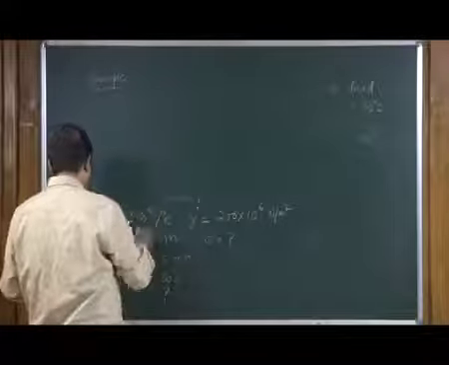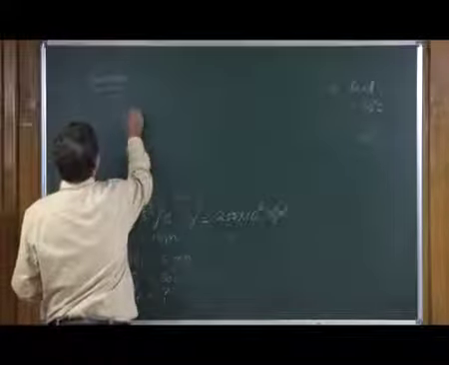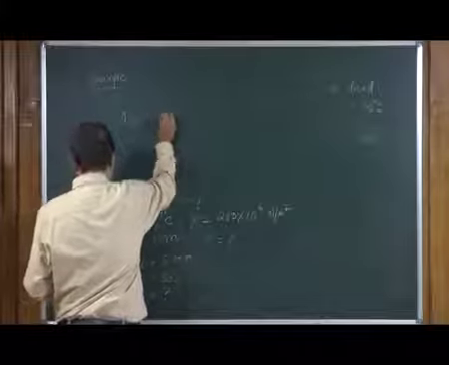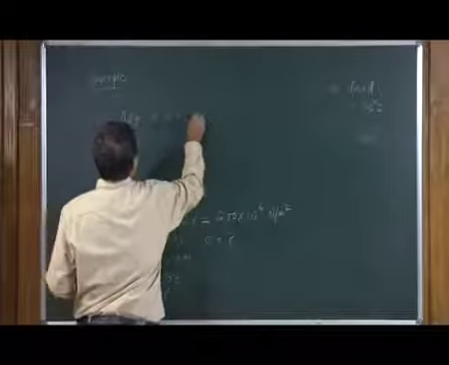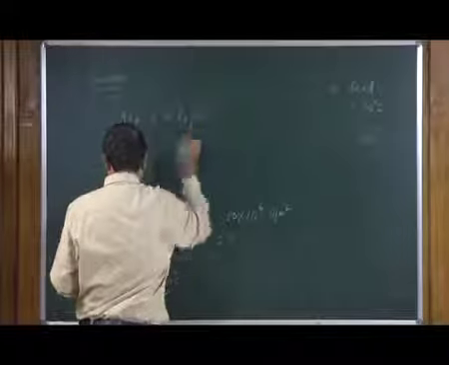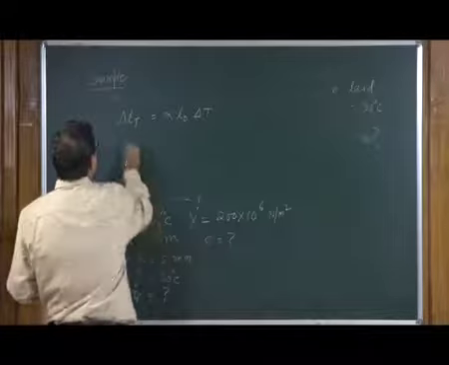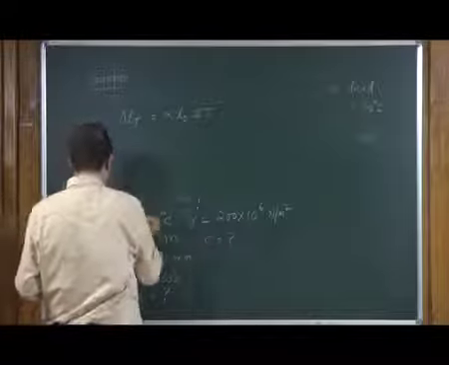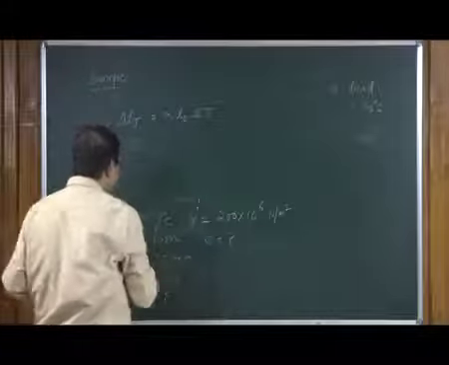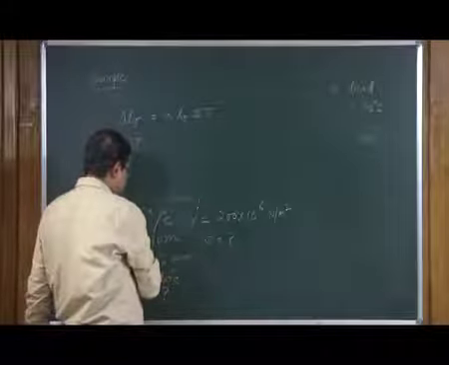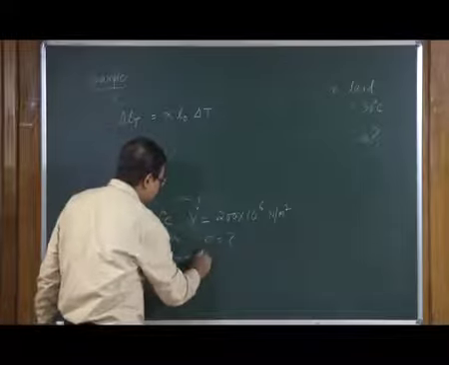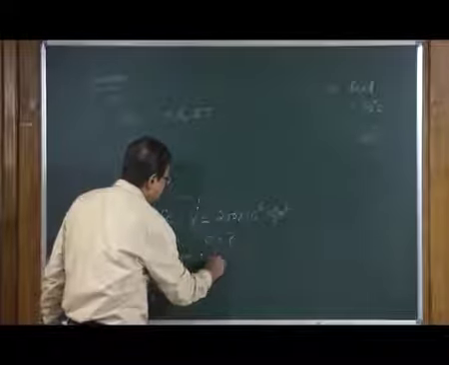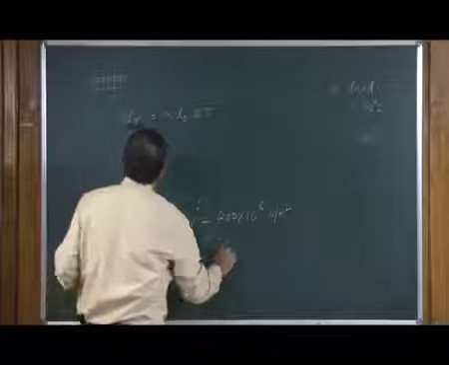So, now we have to calculate delta L sub T, which is equal to alpha L0 delta T. So, the delta T required for my 5 millimeter of delta L to be covered, which is equal to 5 into 10 to the power minus 3 meters.